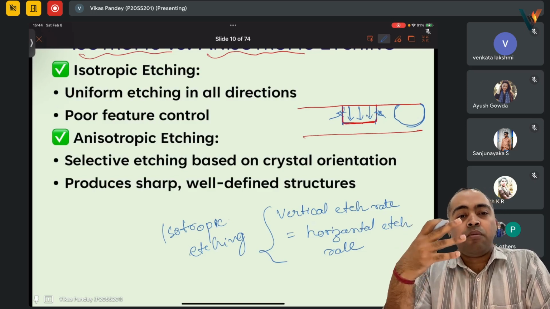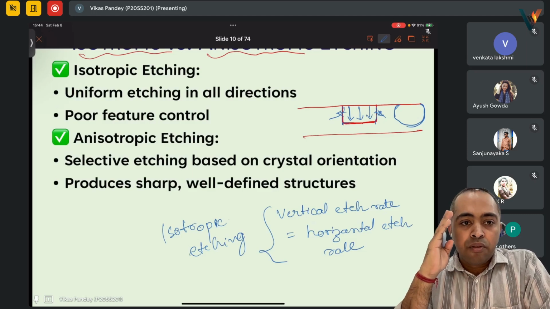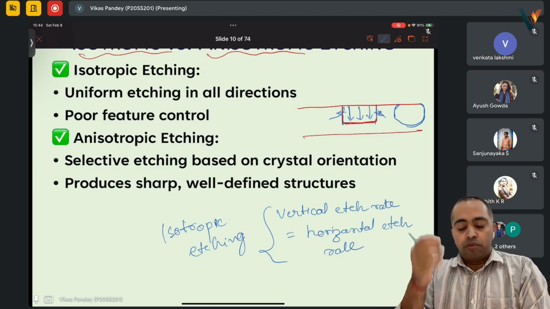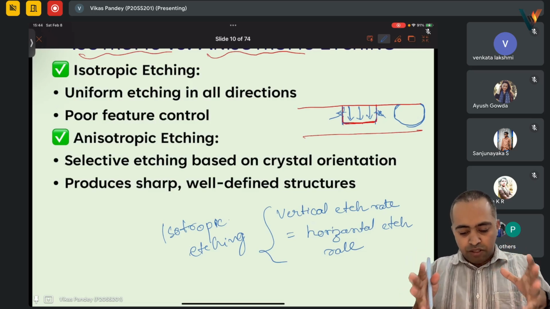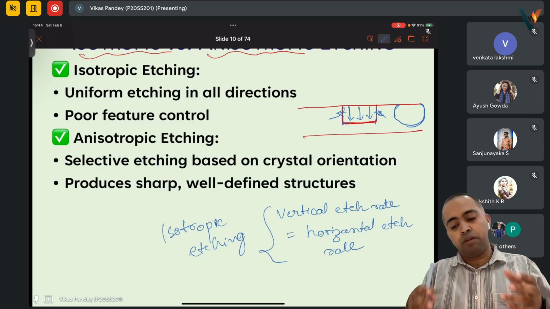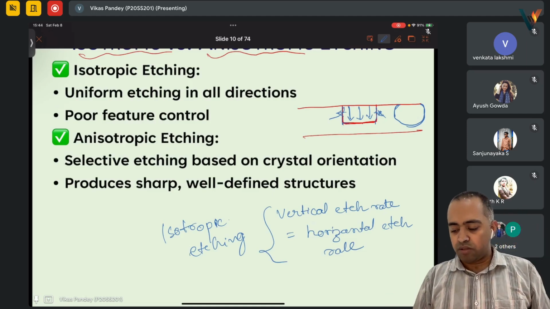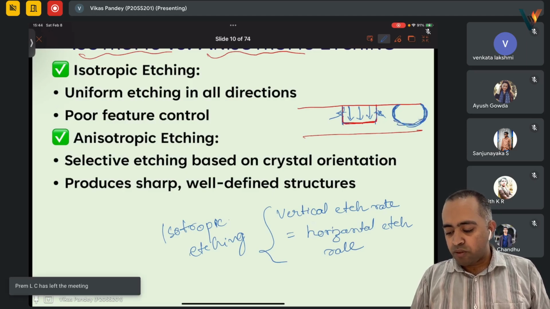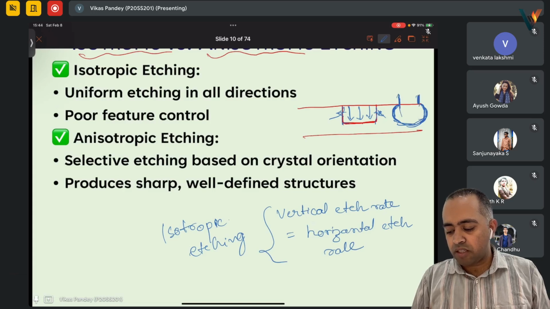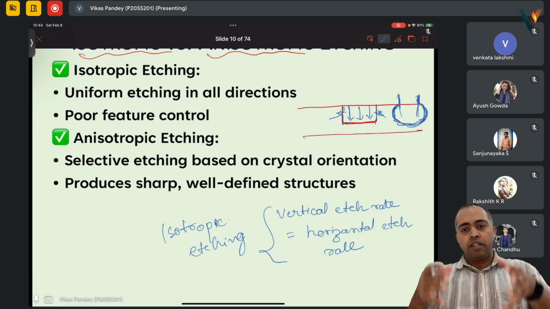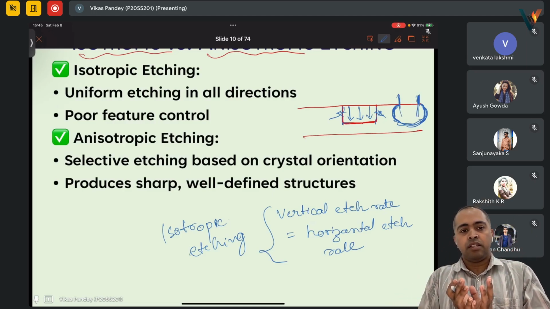Here the problem is that we cannot have good feature control, because if you see this structure from the top, it will look different. But if you properly inspect, there will be undercuttings. You see here, there is some internal hollow structure forming. If you see from the top, the cut looks like this, but internally it is isotropic.